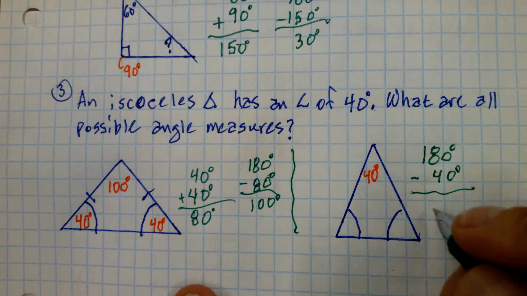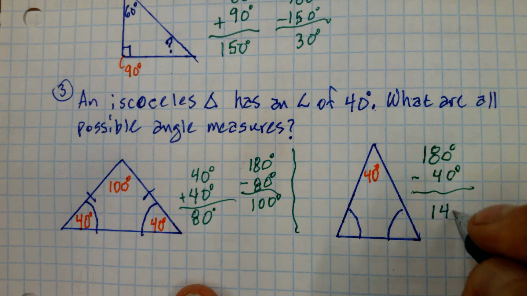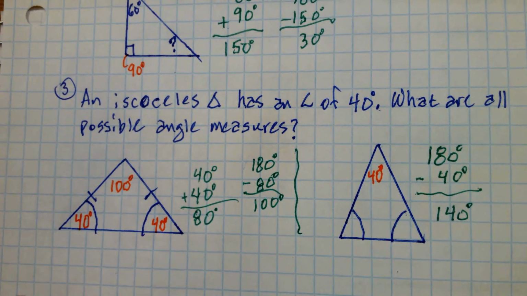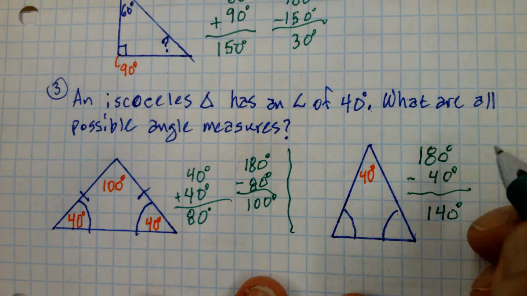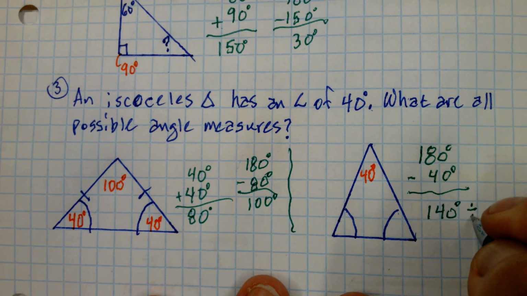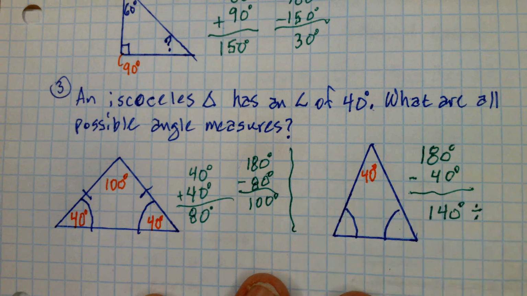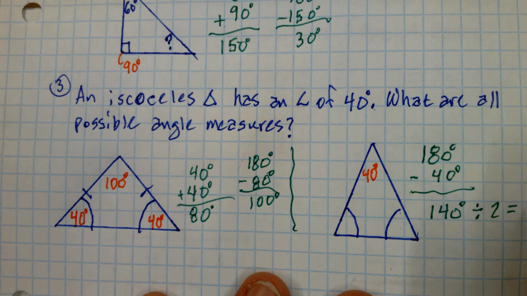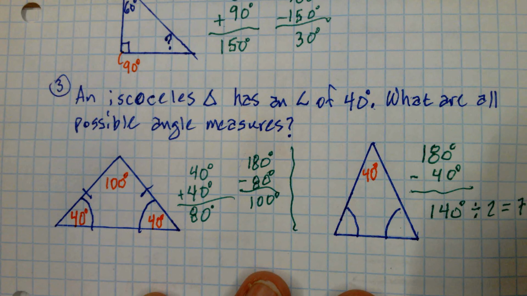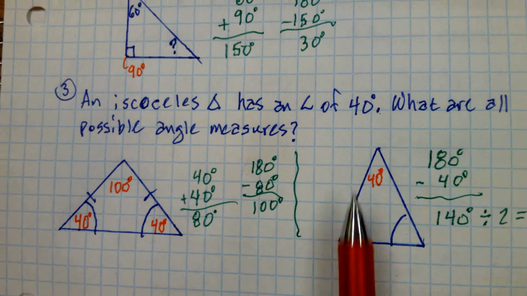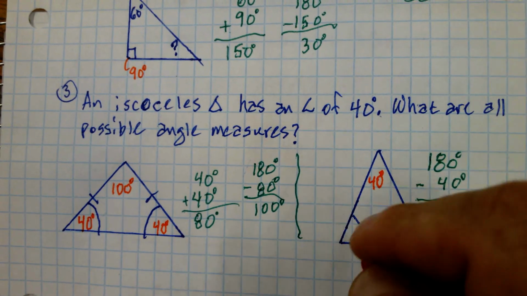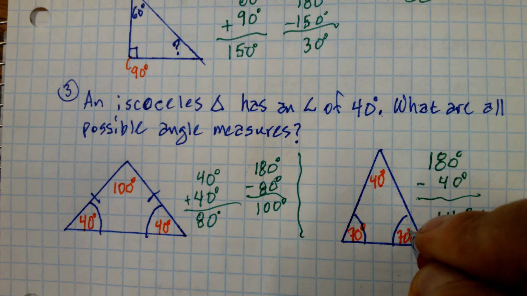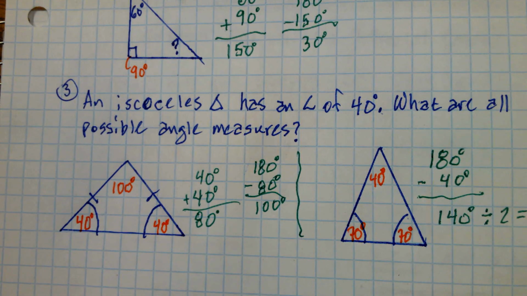And that would give us 140. But then we have to divide this by 2, because each of these has to be equal. You're dividing it equally by 2. And how many degrees is that? 70. So that means if this angle is 40, these two have to be 70. That's the other possibility.